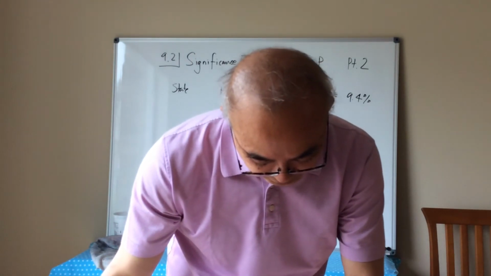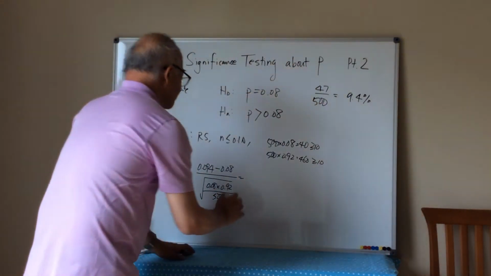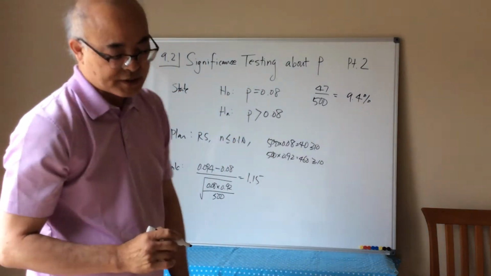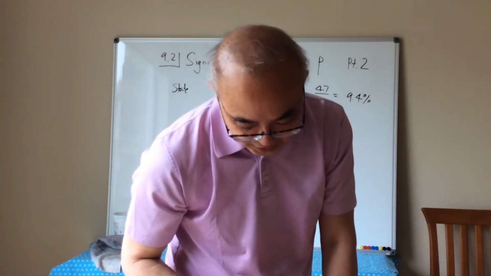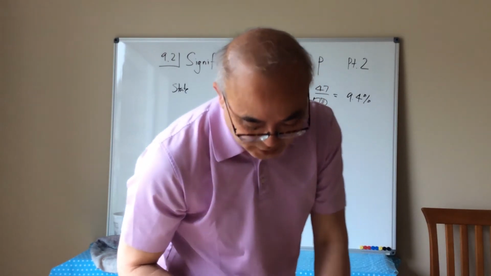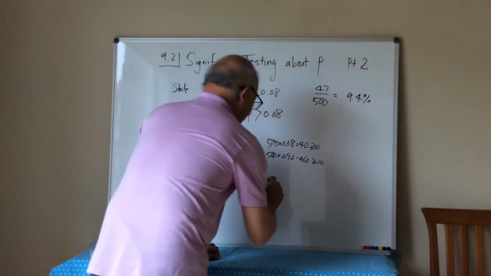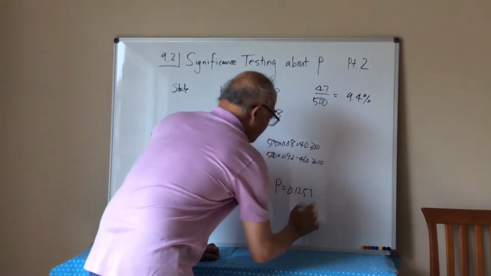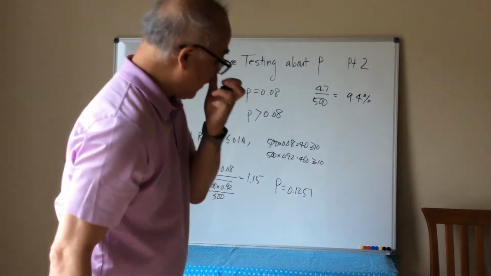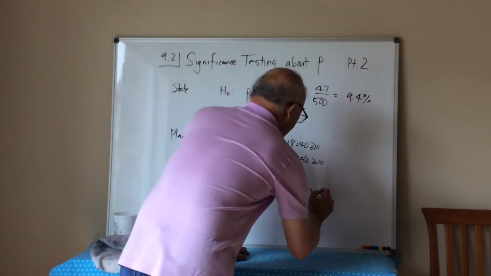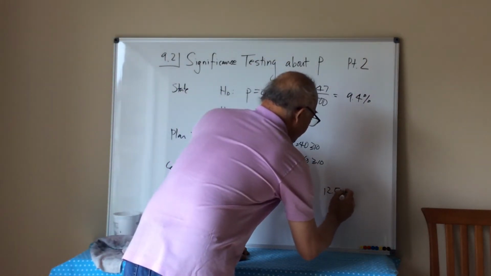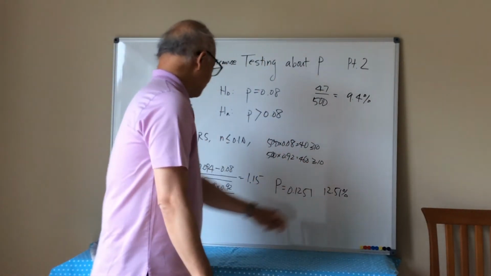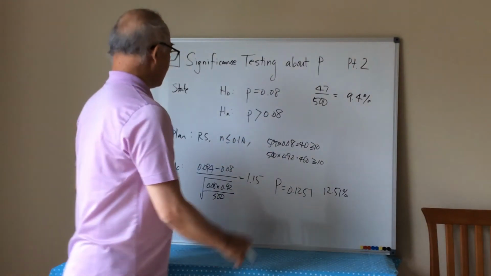If we do that, we get z equals 1.15. If we look up 1.15 on our table A, we find that the p-value is 0.1251, or 12.51%. So we're going to have to compare the p-value with the alpha, and our alpha here was 10%.